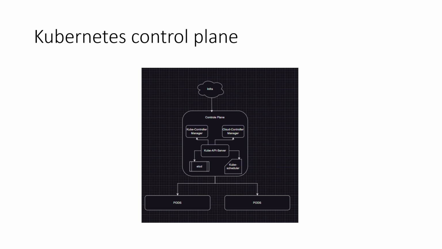That's just one example, because there are other components in your control plane, but I'm just giving you an example. The control plane components can run on any machine in a cluster, but typically run on a dedicated host. That's what is recommended. The Kube API server is the front end of the control plane and exposes the Kubernetes APIs.